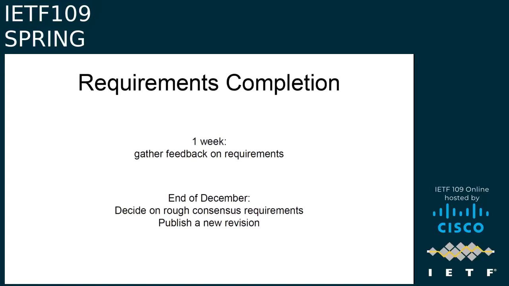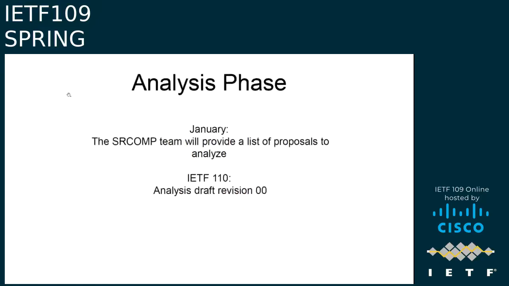And next page. For the analysis draft phase, I think the design team will provide a list of proposals to analyze, maybe in January of 2021, and we hope to submit the analysis draft, maybe the initial draft, to the working group before IETF 110.